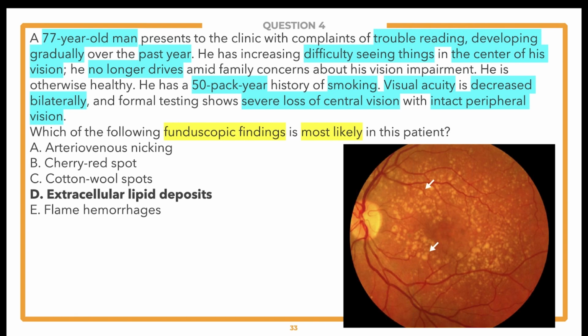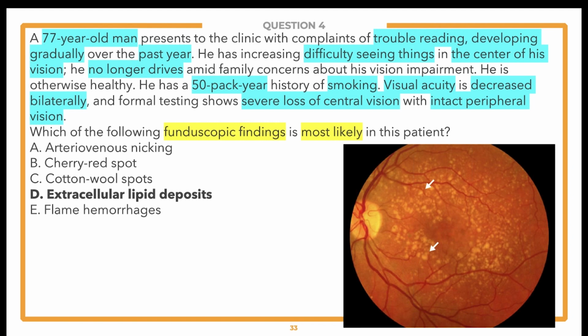So how do you test it? You do a fundoscopic examination with dry age-related macular degeneration. You're going to see what we call extracellular lipid deposits, okay? And these will progressively lead to atrophy of the retinal pigment epithelium, which will then appear as lighter pigmented regions near the macula, and you see the arrows pointing to that there.